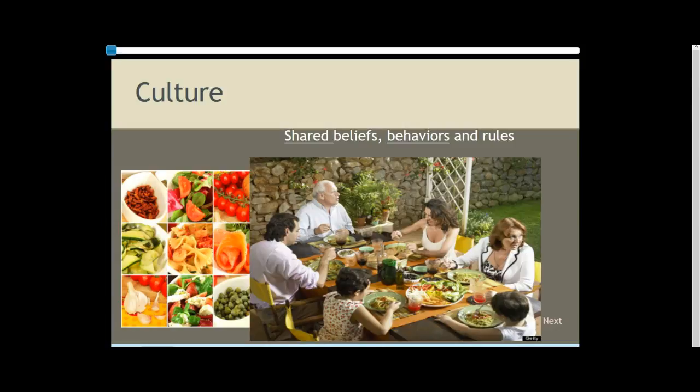Next we have culture, and culture is defined as shared beliefs, behaviors, and rules. So here in America we have our culture and our government and stuff, having those shared beliefs and behaviors.